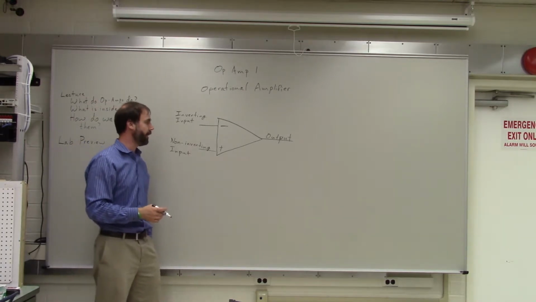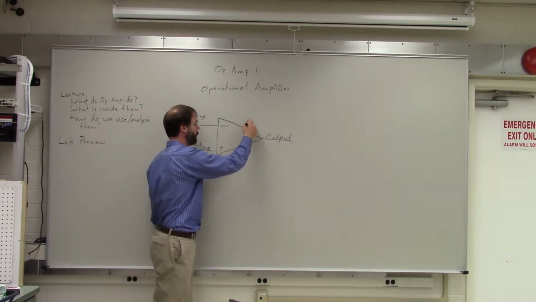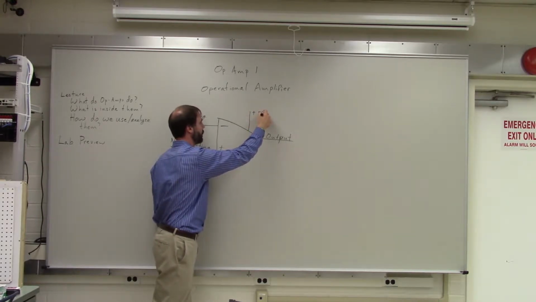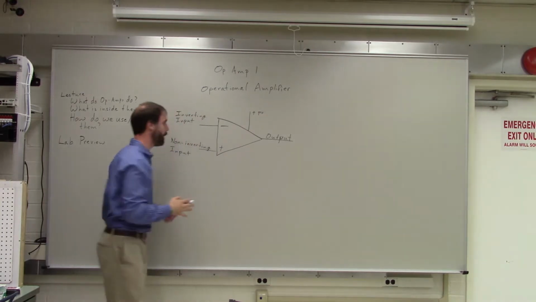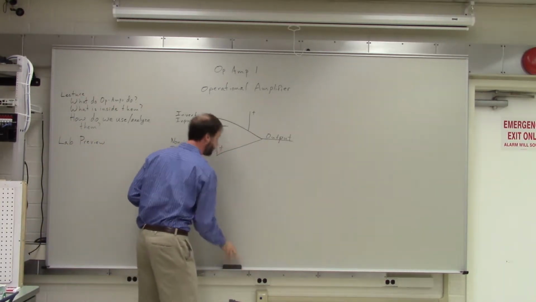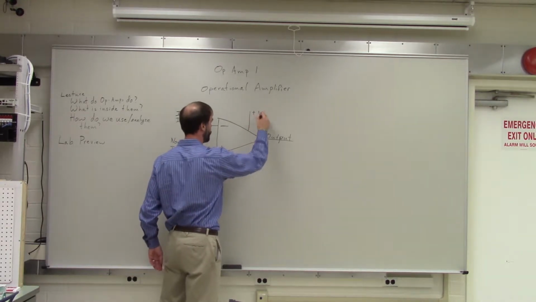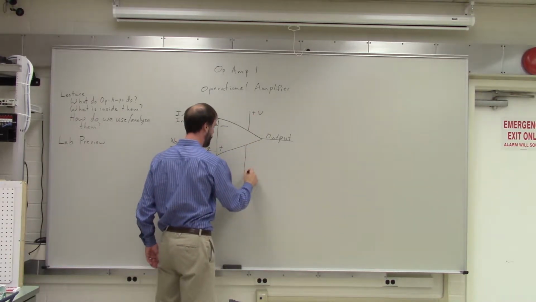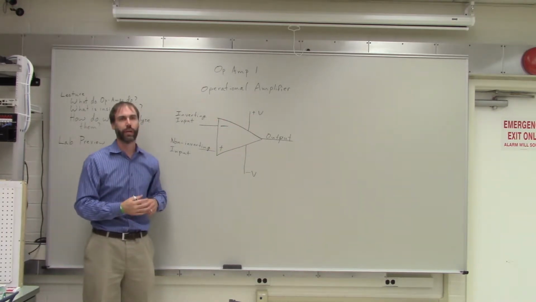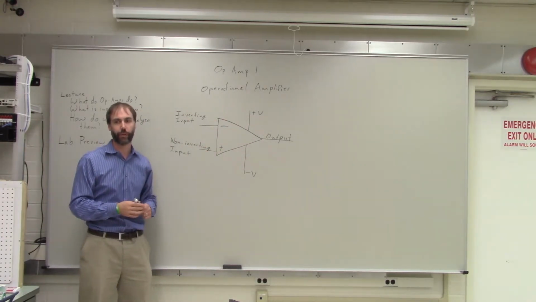In order to make the op-amp actually work, you also have to connect power, a positive voltage and a negative voltage. But oftentimes, the positive and negative power supplies are not shown, just to make the diagram a little bit cleaner.